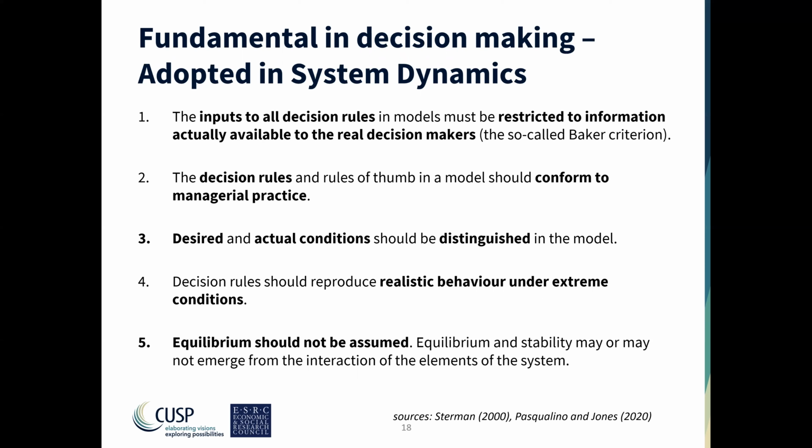They want to differentiate between desired and actual condition. That's so important to make sure models remain consistent. They expect realistic behavior under extreme conditions. And they do not expect to have an equilibrium in the system. As a result, if the model can find an equilibrium, that should emerge from the interaction, not be computed a priori, as is normally done in general equilibrium theory and economic theory in general.